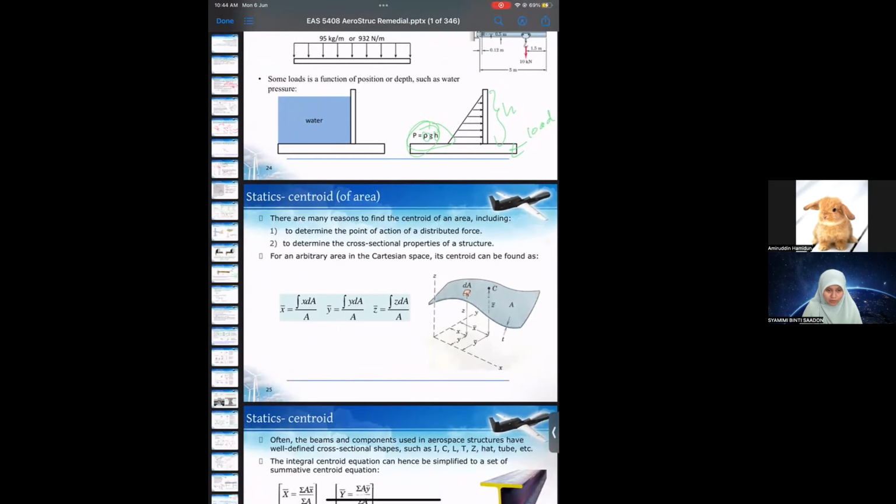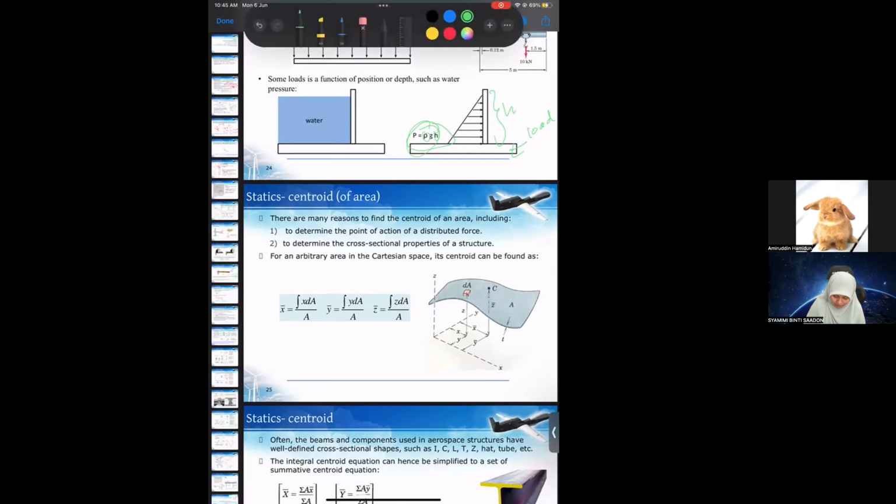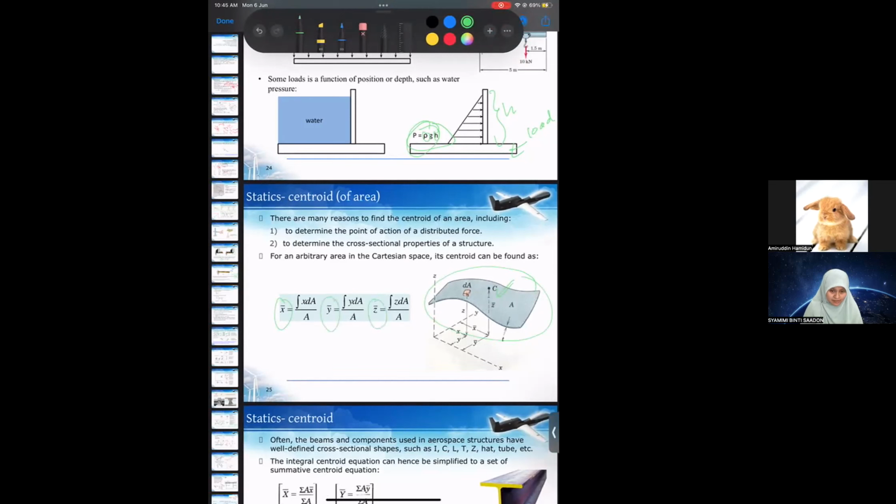In a structure, we also have to take into consideration the centroid. So how are we going to calculate the centroid of an area? For example, here we have an area like this. To calculate the centroid of this surface, we calculate the centroid for x, y, and z, the position of x, y, and z.